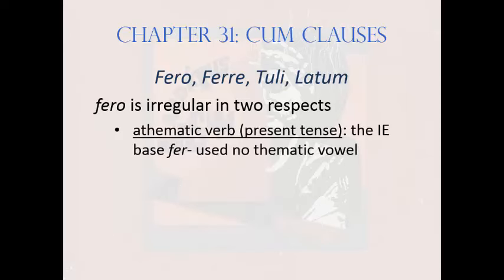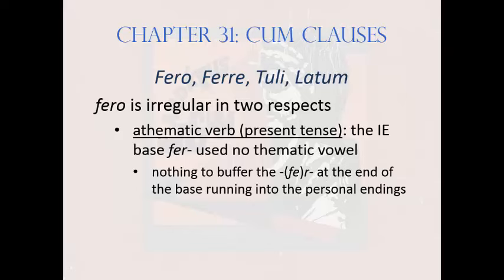Two. The other major irregularity plaguing fero is much less pervasive, involving only a few of its endings, which have no thematic vowel. The technical term is athematic. That is, there's nothing to buffer the fer base from the personal ending. That's the way the Romans inherited this verb from their Indo-European ancestors.